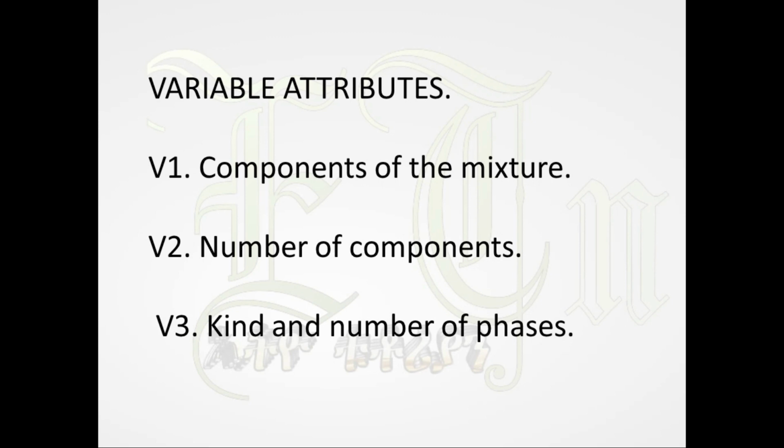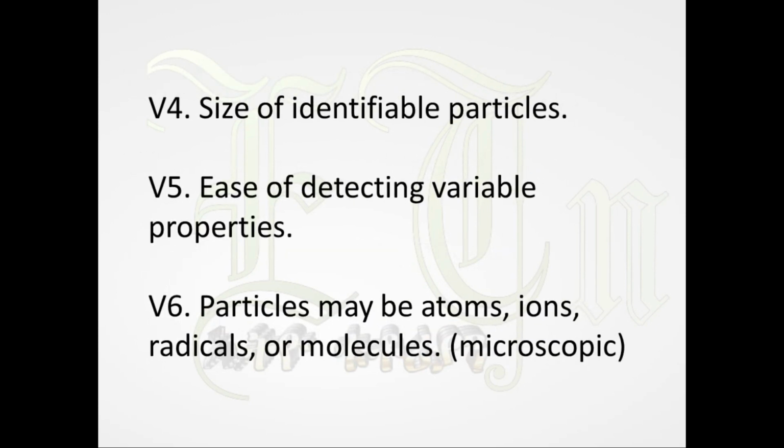Number of components. V3. Kind and number of phases. V4. Size of identifiable particles. V5. Ease of detecting variable properties. V6. Particles may be atoms, ions, radicals, or molecules.